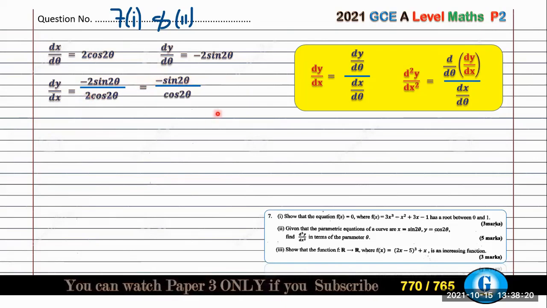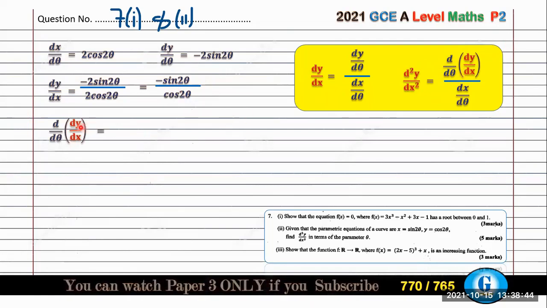You can write tan 2 theta, but I don't want to write it because I want to use the quotient rule, so I leave it like this. Now, what will be d squared y over dx squared? It will be d d theta of our dy dx here. So we start by looking for d d theta of dy dx.